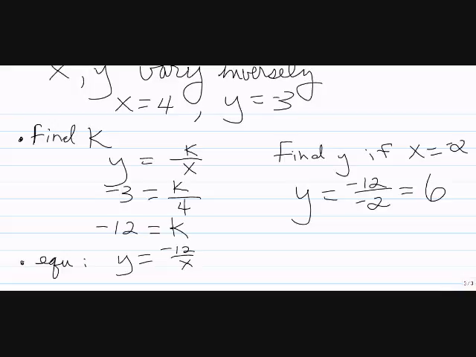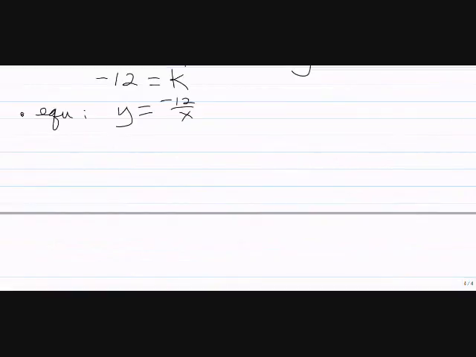Now, how do I tell if something, you'll get some tables, and you'll be asked to tell if something is direct variation, inverse variation, or neither. So let's see how we do this. So I'll call this direct, inverse, or neither.